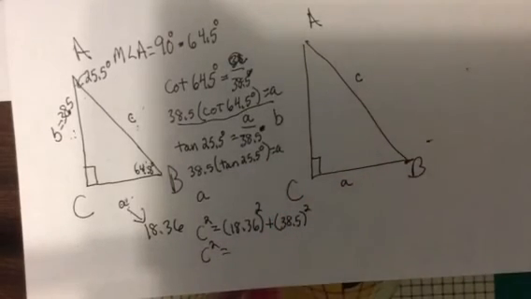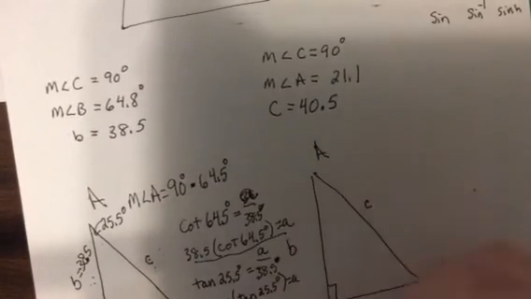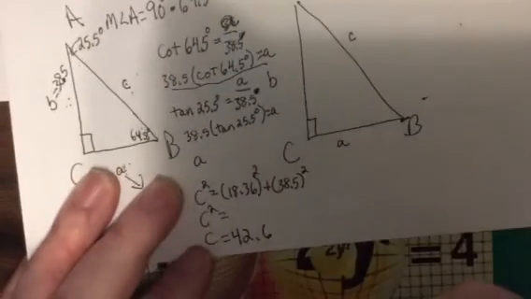So C squared equals 18.36 squared plus 38.5 squared equals, I get 1819. Then I take the square root of that, and I get 42.63. I'm writing it off the page. Sorry about that.